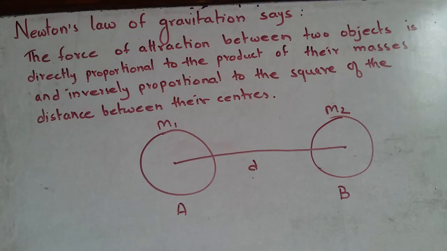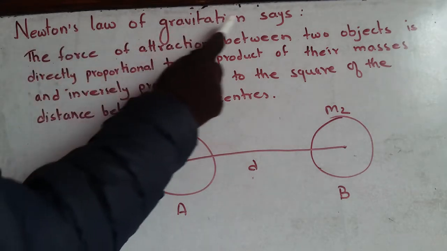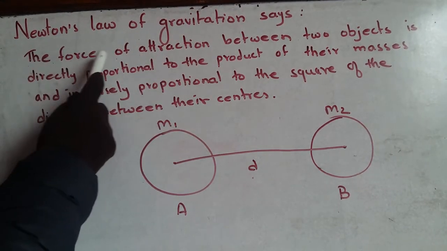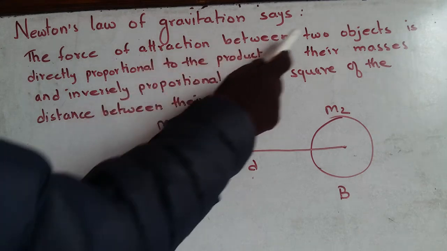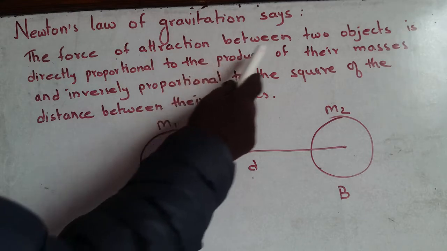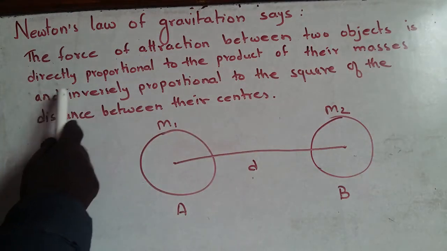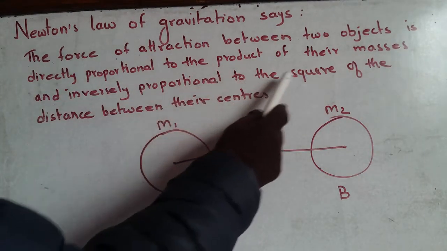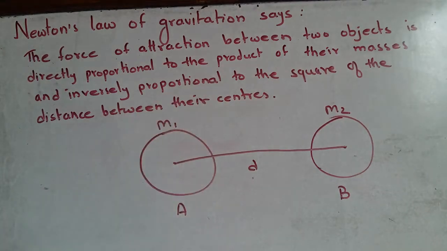I repeat the law once again. Newton's law of gravitation says the force of attraction between two objects is directly proportional to the product of their masses and inversely proportional to the square of the distance between their centers.